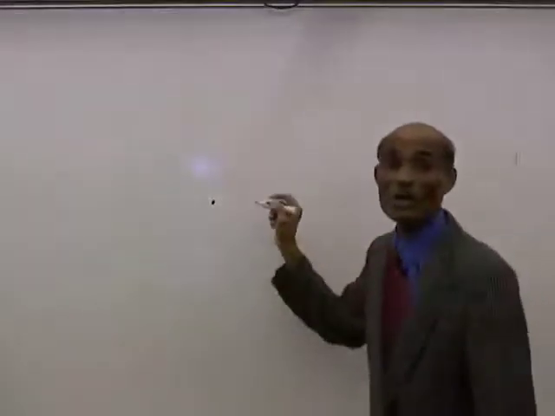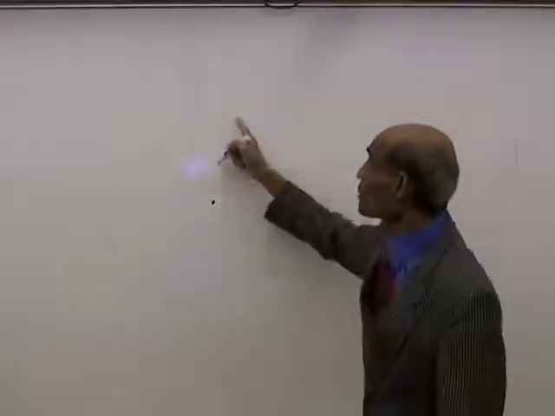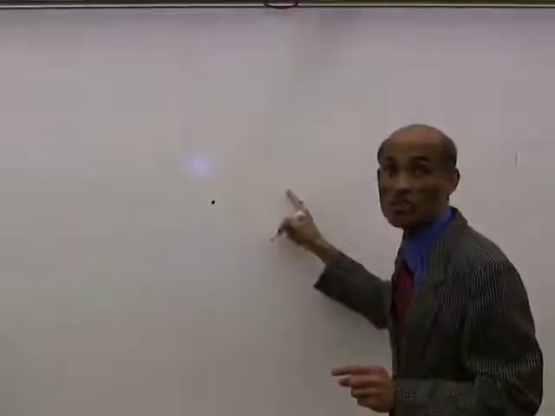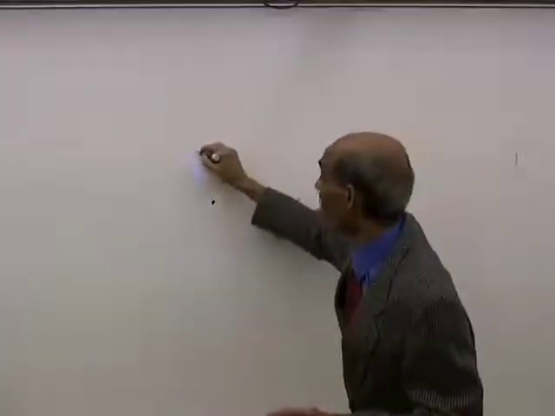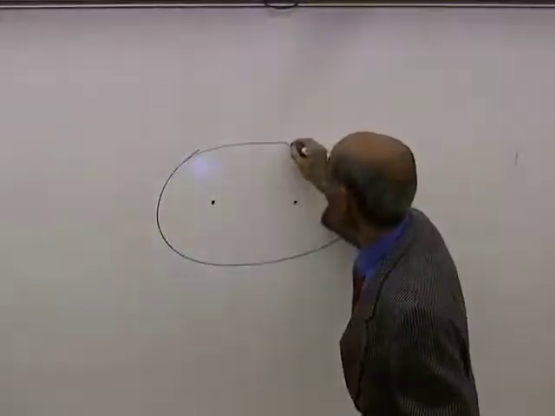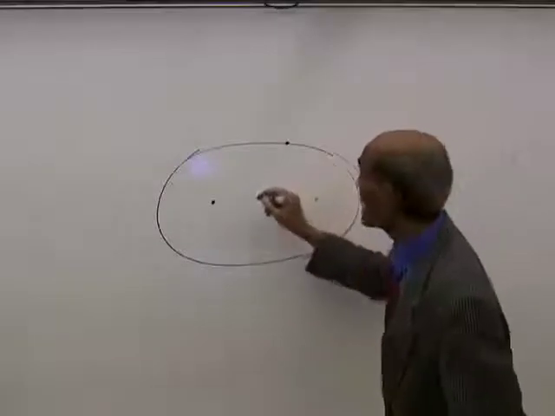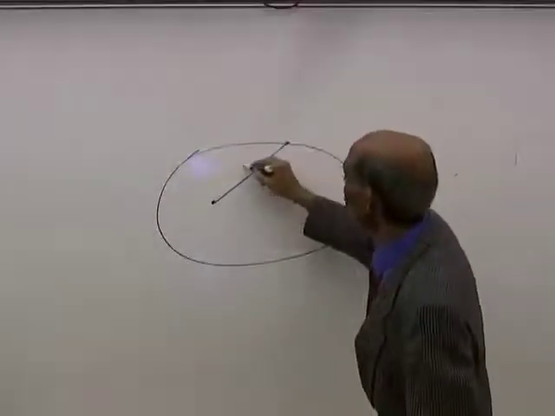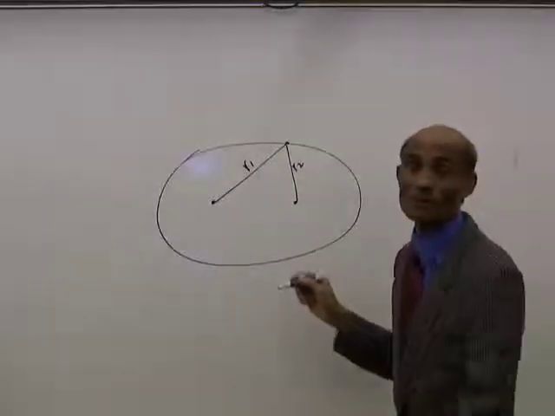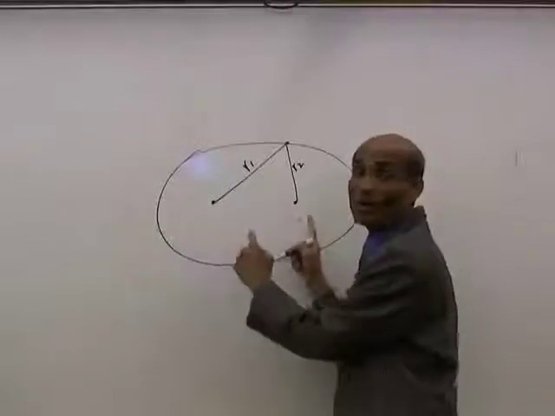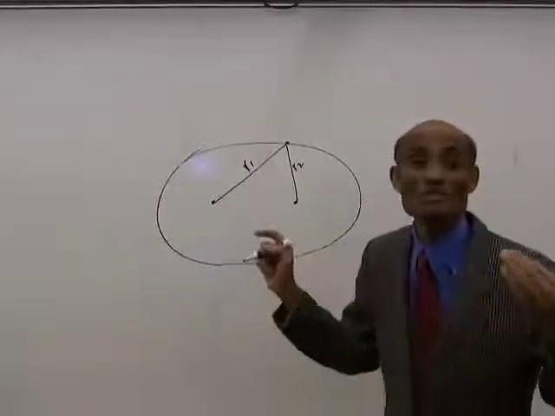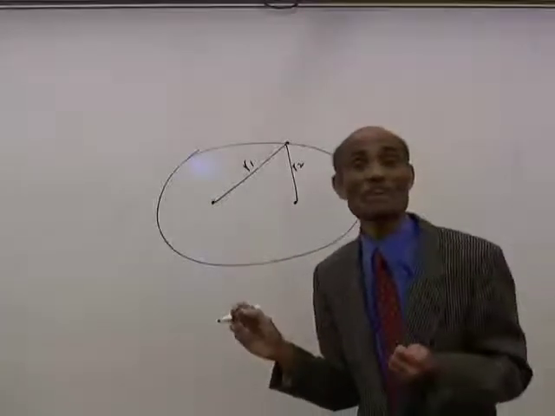If you can locate the set of all points such that the sum of the distances from these 2 points is the same. In other words, if you take any number of points on the ellipse and measure the distances r1 and r2 from 2 fixed points, the sum of these distances will always be the same. That is the definition of an ellipse.